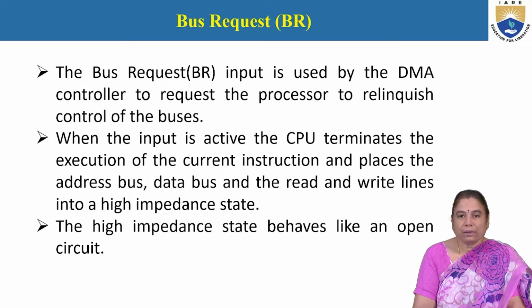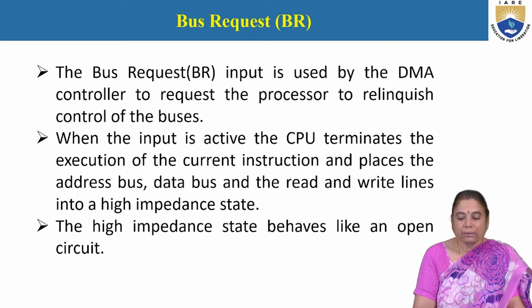The bus request input is used by the DMA controller to request the processor to relinquish control of the buses. All the address and data buses can be kept in the high impedance state in order to disconnect the CPU from the buses.